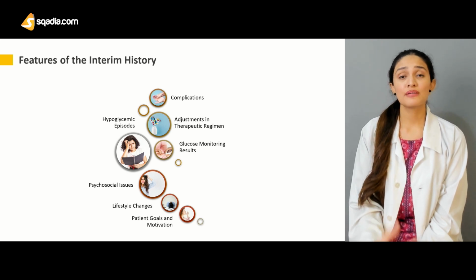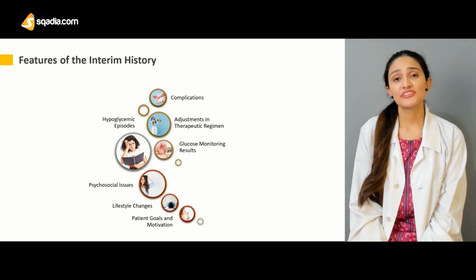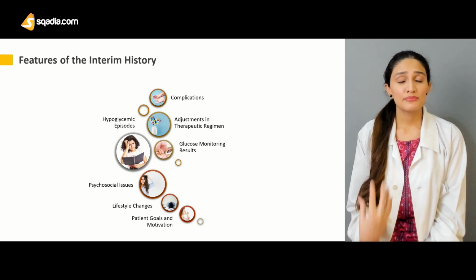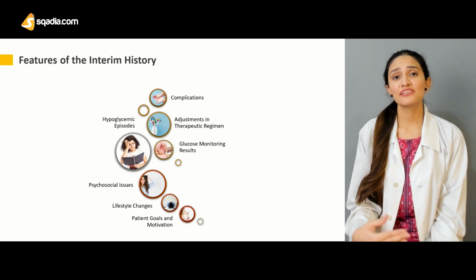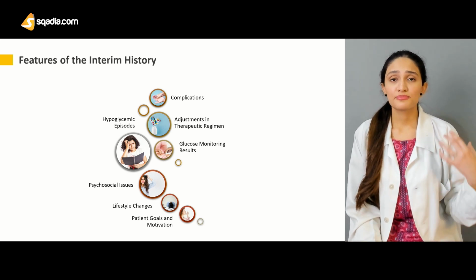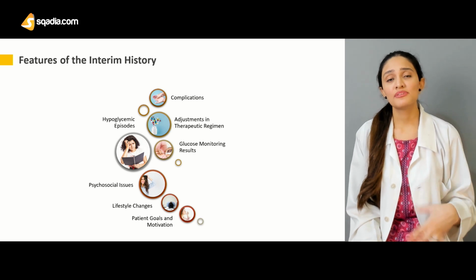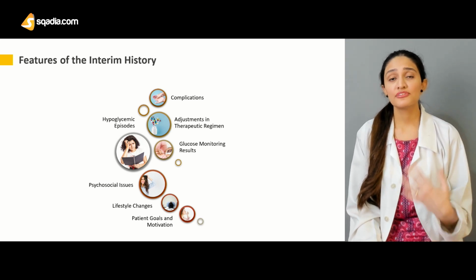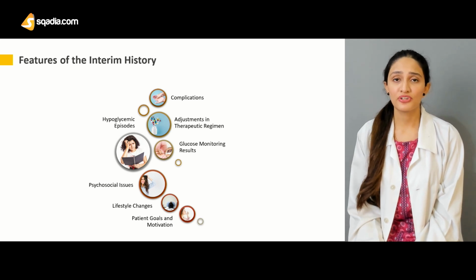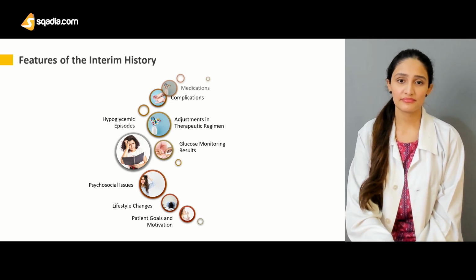And then asking him about complications such as any numbness or tingling, if he's having any blurred vision. As you all know, these are the list of complications: problems with the eyes, problems with kidneys, and then neurological factors. So it's very necessary to ask these key points in the history.